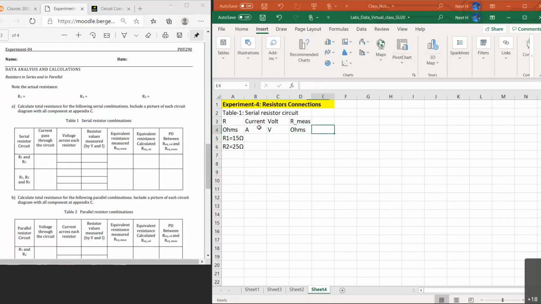Then it asks you to calculate the equivalent measured resistance, R equivalent measured, then R equivalent calculated, then the percentage difference. Okay, all right.